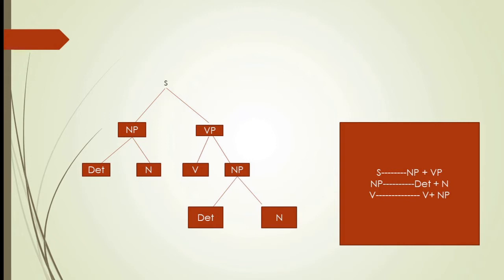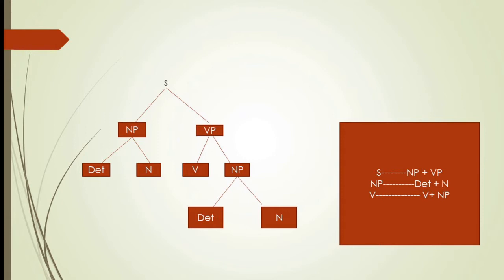So here you have a sentence written in the form of a tree diagram. A sentence, let it be any type of sentence, can be divided into a noun phrase and a verb phrase. A noun phrase can again be divided into a determiner plus noun. Verb phrase is divided into verb plus noun phrase. Noun phrase once again is divided into determiner plus noun.